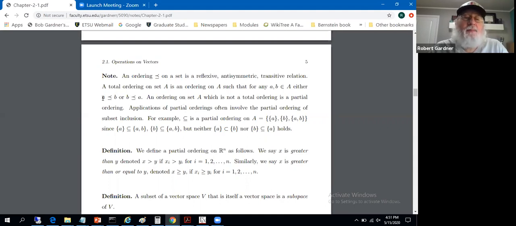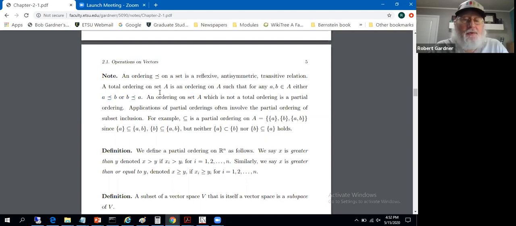If we have both A is less than B and B is less than A, and we may not have that for all A and B in the set, so I pause to get this stuff straight, then we must have A equals B. So when you reverse the inequality, the only time both of those hold is when A and B are the same.